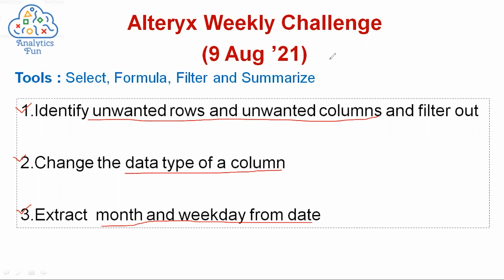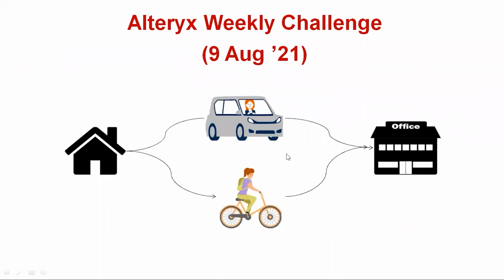So let's get started and read the visual of the challenge. I've made this very beautiful visual for you so that it is very engaging and you understand the problem statement. It is about a girl, Mary, who lives in Toronto, and she has her office in Toronto, and she has 2 options to travel to her office: one through her car and second through her bike.